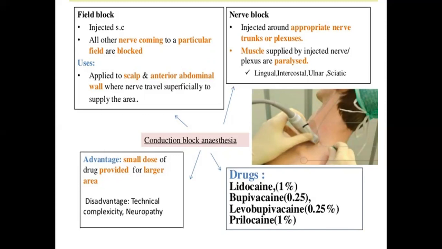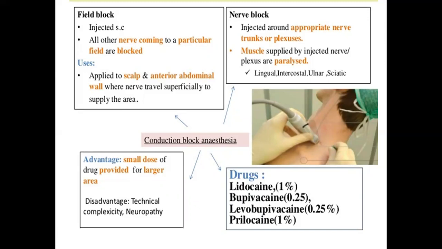It is generally used for the scalp and anterior abdominal wall, where nerves travel superficially to supply the area. Generally, it is injected around the appropriate nerve trunks or plexuses.